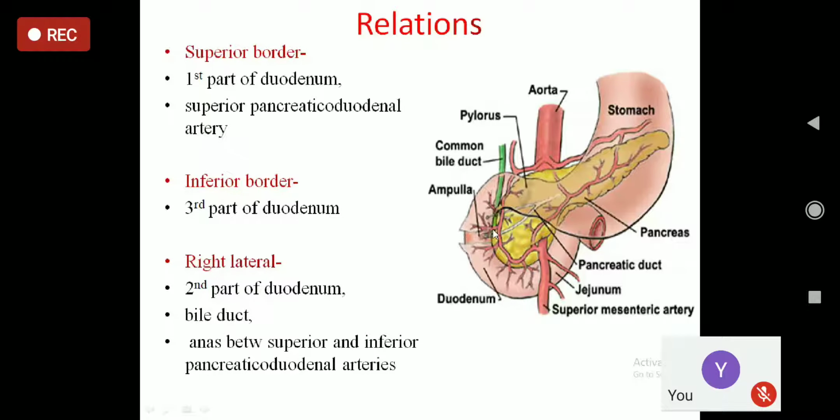And the right lateral border is related with the second part of the duodenum, the bile duct, the green one, and the anastomosis between the superior and the inferior pancreaticoduodenal arteries. The superior pancreaticoduodenal artery is a branch from the gastroduodenal artery.